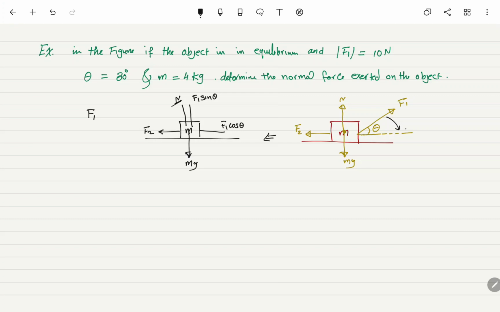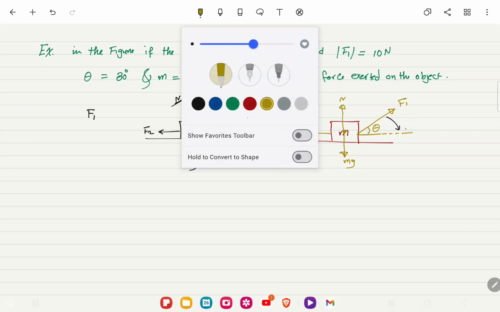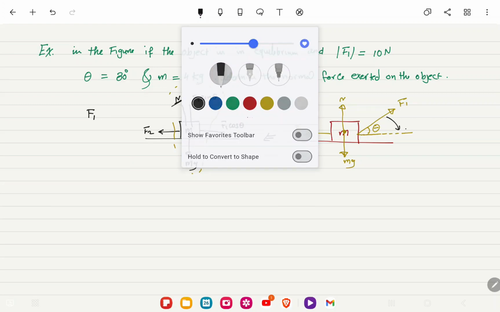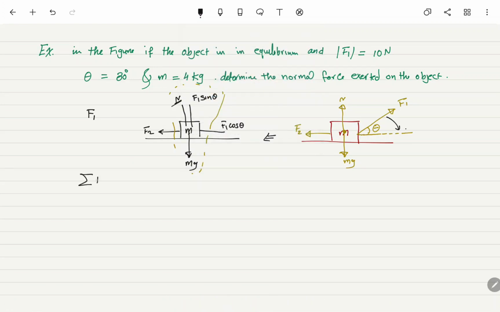Now the sum of all forces on y equals 0, which means normal plus F1 sine theta equals mg.